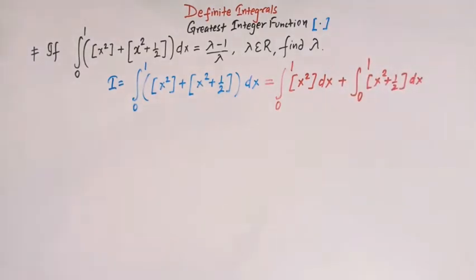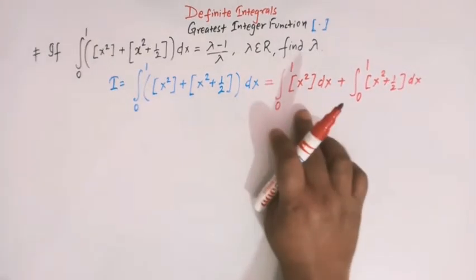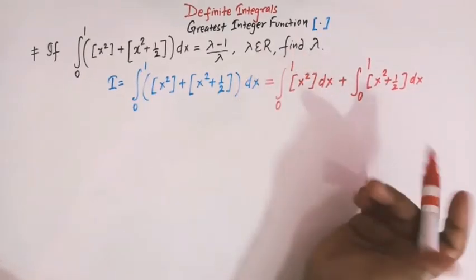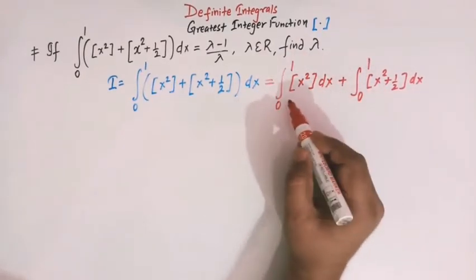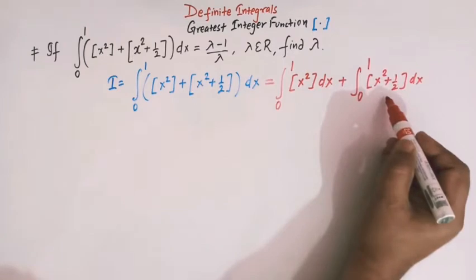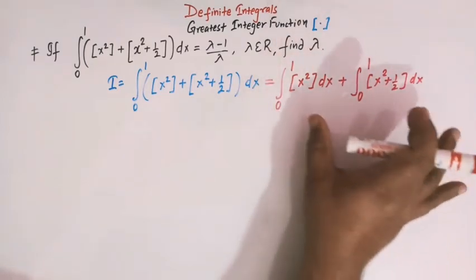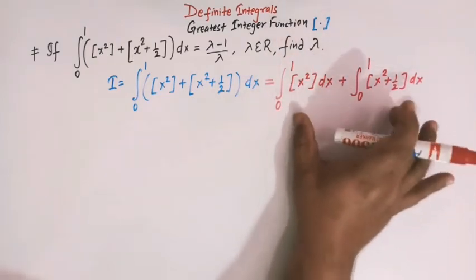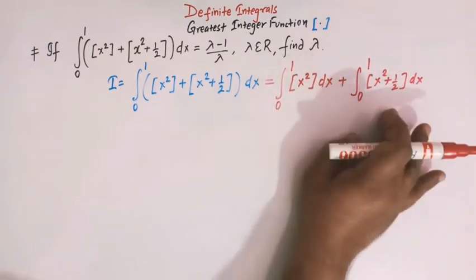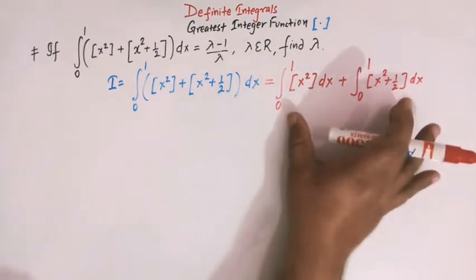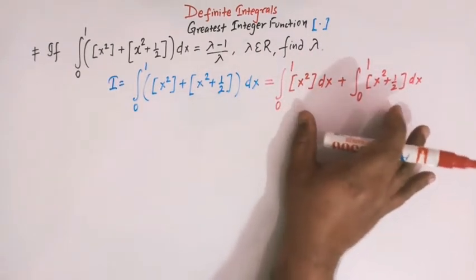So now if we go by this method, we have to calculate two integrals. This is the first one and this is the second one, and then we have to add the results of these two integrals. So this would be a very lengthy process.